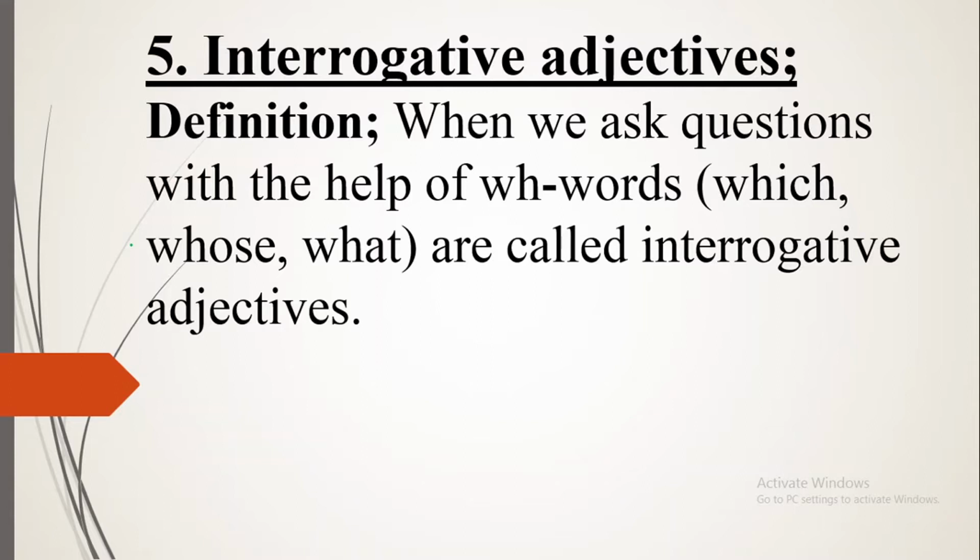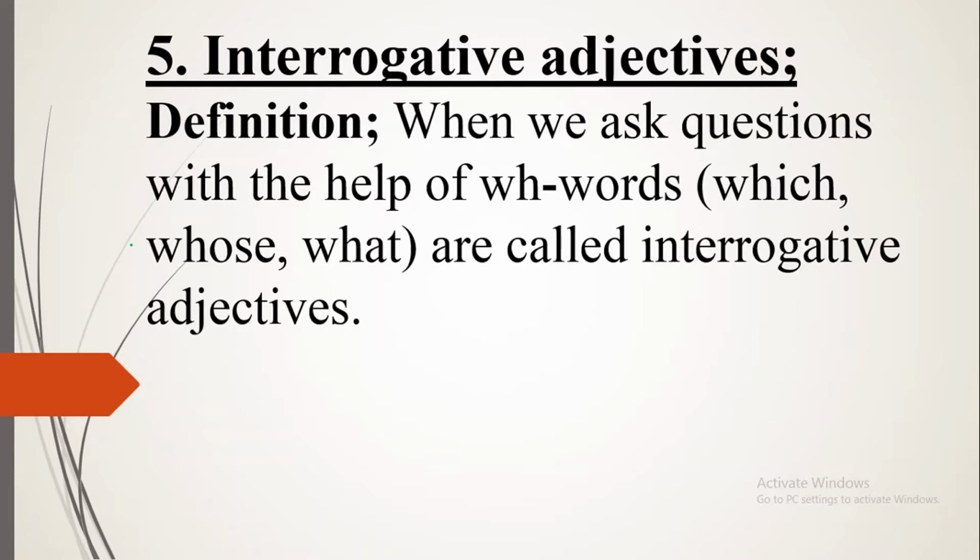If you remember, we have already discussed who, whom, whose, which, and what as interrogative pronouns. And how can you differentiate them? What is the difference between interrogative pronouns and adjectives? I will put the link of interrogative pronouns in the description box, where you'll understand how to use them as interrogative pronouns and as interrogative adjectives.